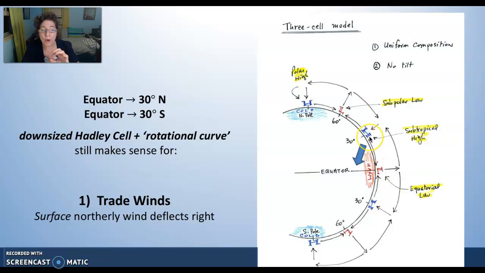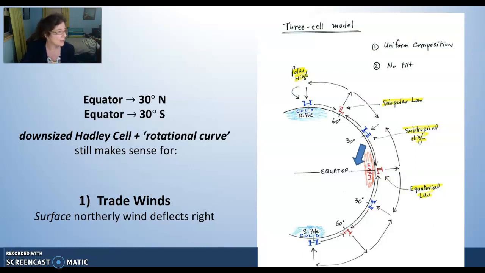And they were reflecting the fact that this model doesn't rotate, so you can figure in the Coriolis effect and figure in the deflection to the right for the trade winds. So now these winds become a northeasterly wind moving to the southwest, it describes the trade winds very, very well. This downsized Hadley cell plus Coriolis made sense for that and for many other areas.